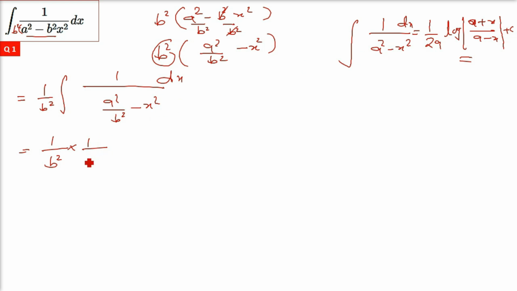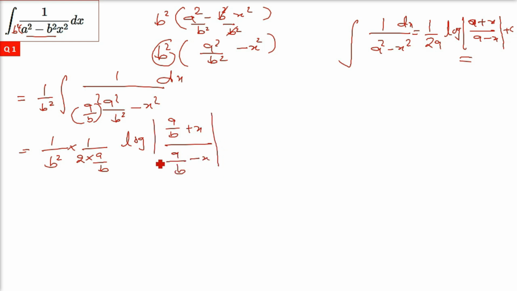What is a here? A by b is actually a here. Log a plus x. What is a again? It's a by b whole square, that is a by b is the a. So a by b plus x divided by a by b minus x, and this is in the modulus, plus c, constant of integration.